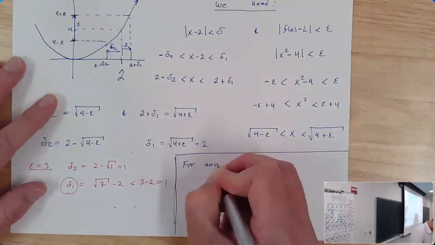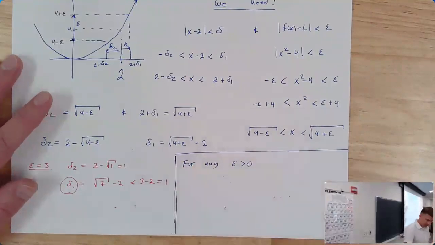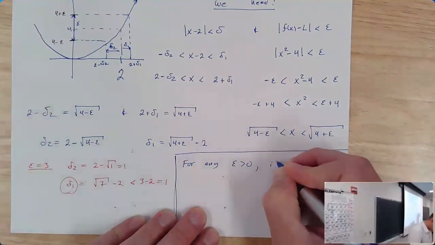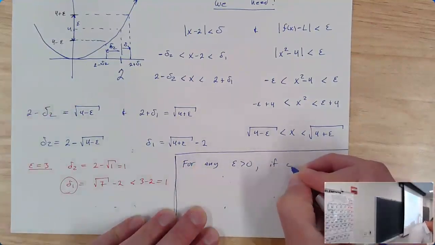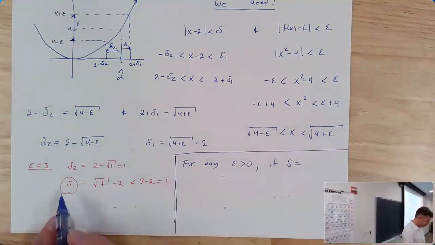For any epsilon greater than 0, if delta is equal to, let's see, we want to pick the smaller one, which we said was delta 1.